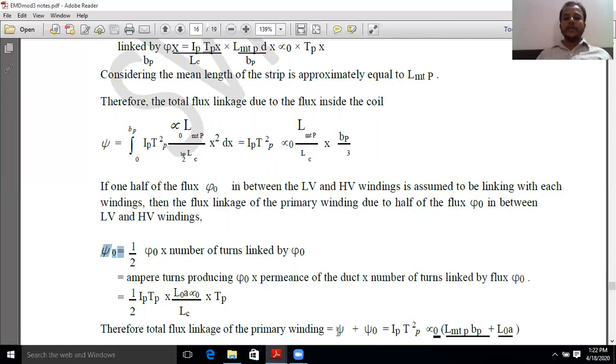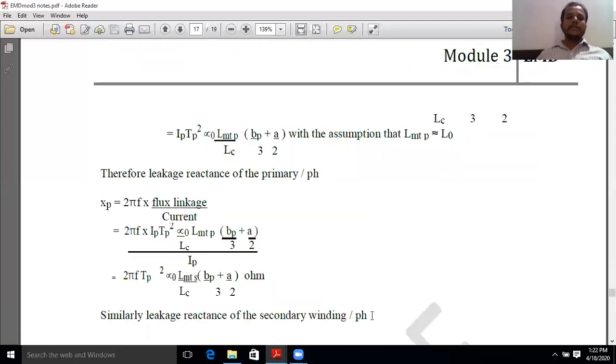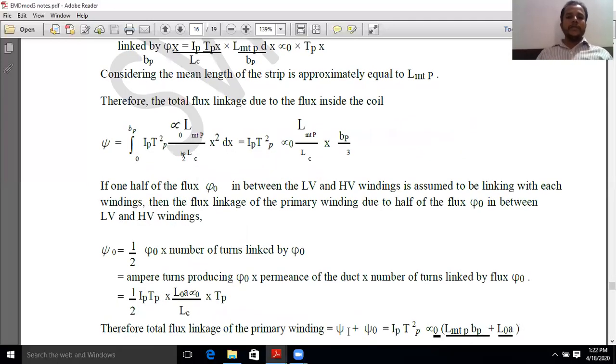This we have to put here, psi plus psi naught, and then we got leakage reactance of the primary as this XP, and of the secondary is this. So this is about the expression for leakage reactance of the transformer with concentric coils. So in the next session we will discuss remaining parts. Thank you.